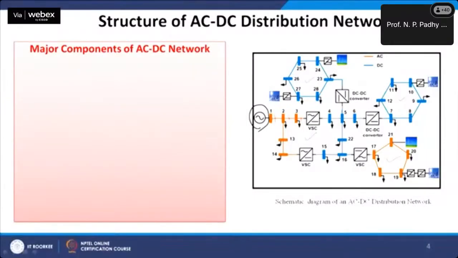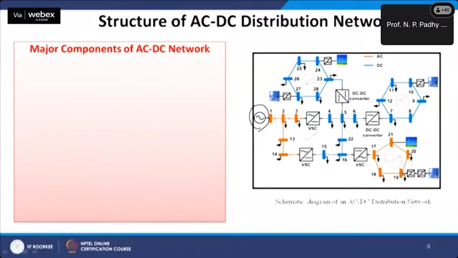But now we are considering that there could be a few DC microgrids in place. So most of the buses are not necessarily AC, but they could be DC. All the orange color marked in this diagram belongs to my AC bus, and all the blue color represents my DC bus. So these are all AC buses, and this is the AC network, and we have DC buses and the DC network.